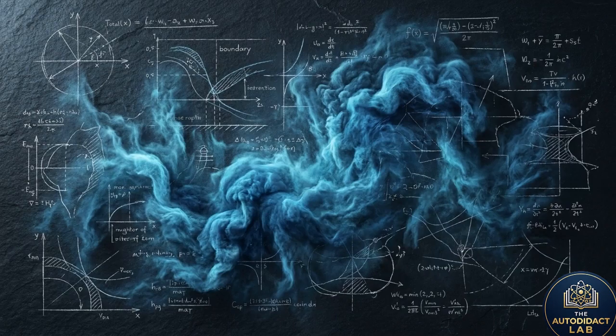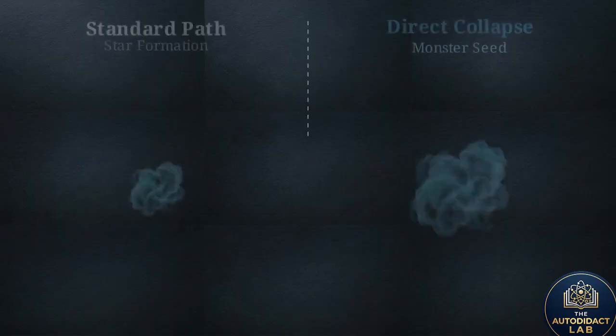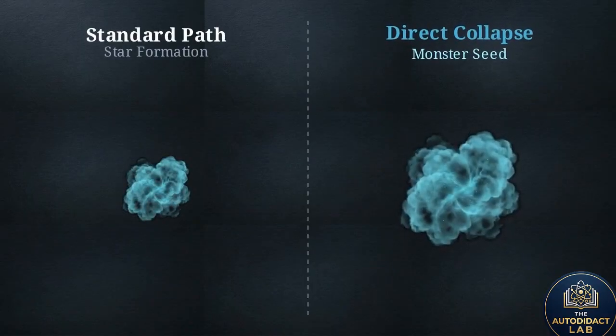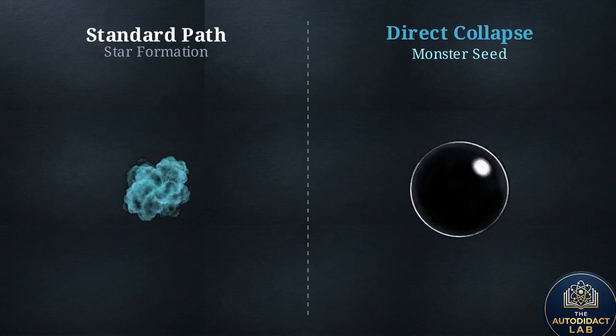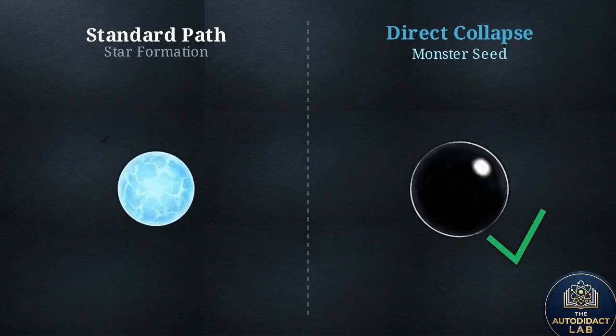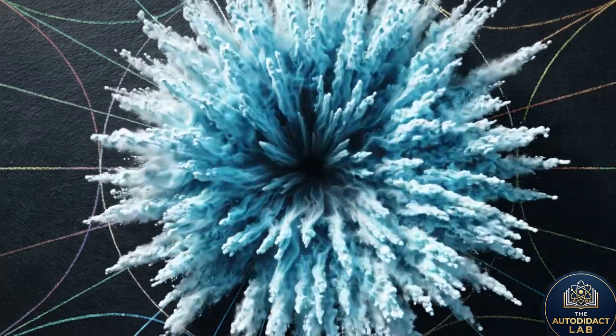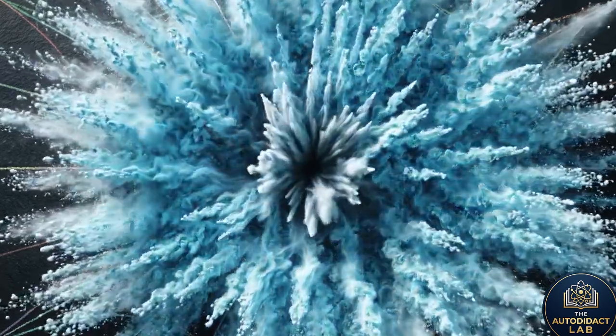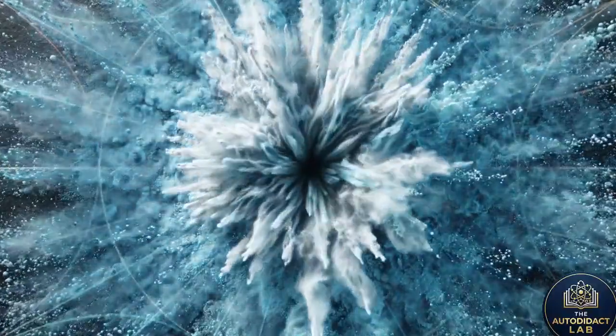Since it lacked the time to grow from a small seed, this object must have been born massive. The extreme conditions of the early universe were defined by vast, uncontaminated clouds of primordial hydrogen. This suggests a mechanism known as direct collapse, where immense clouds of gas succumb to gravity while entirely bypassing the process of star formation. An immense cloud containing thousands of light-years of primordial gas begins to rapidly collapse under its own crushing weight.